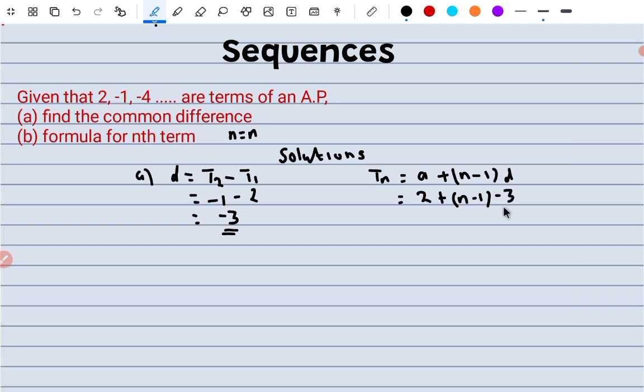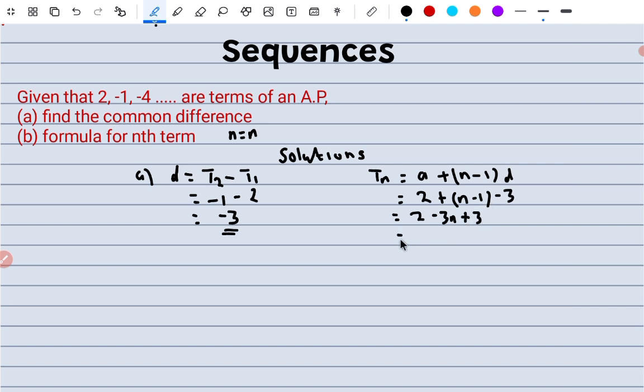So this will be 2 plus, you open the brackets, negative 3 times n, that will be negative 3n, negative 3 times -1, negative times negative will give us a positive, 3 times 1 is 3.